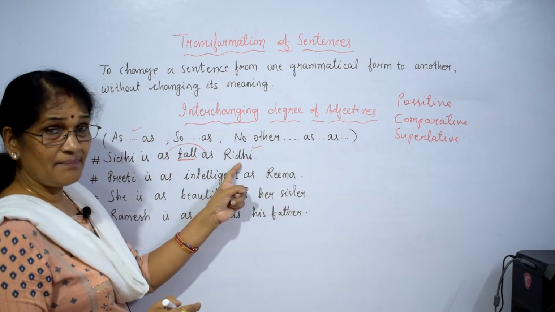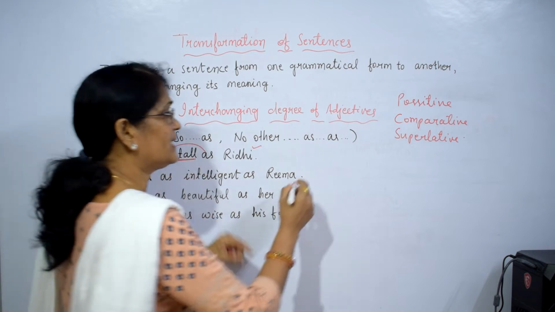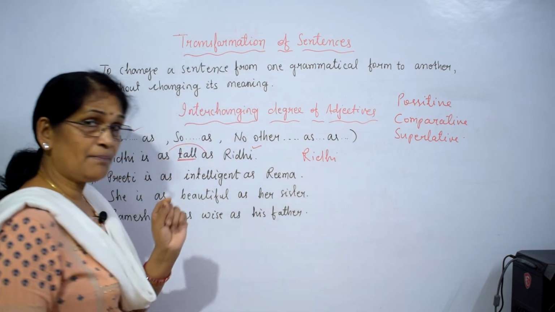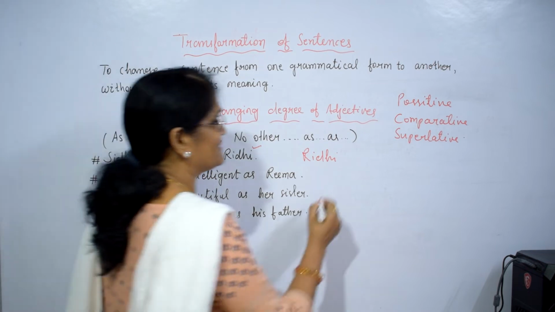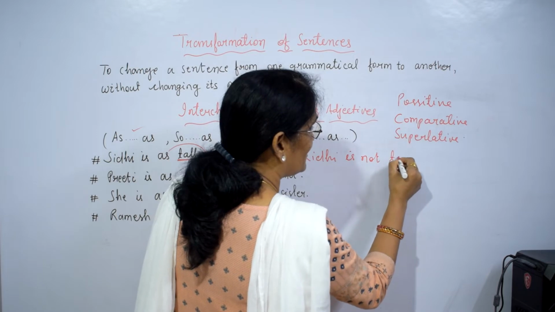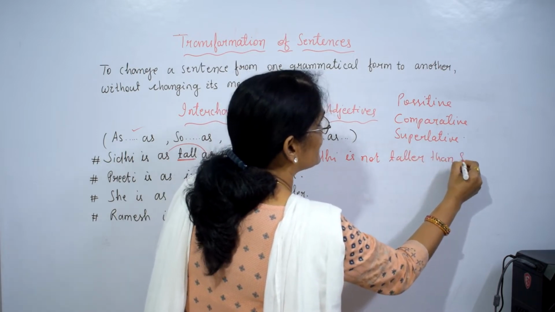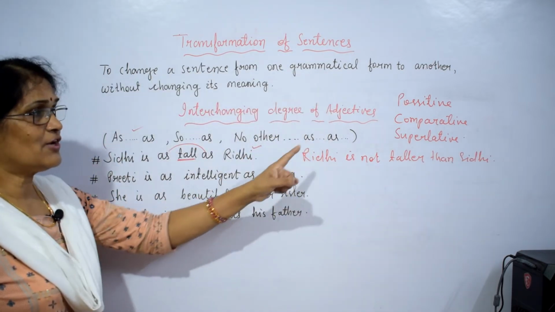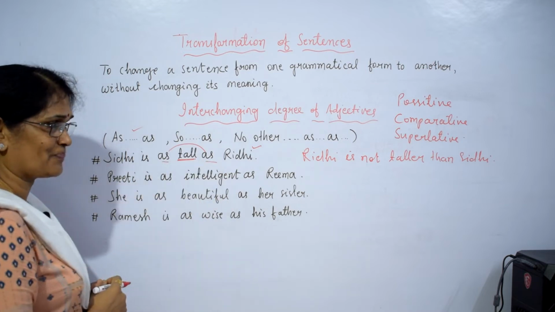The first name is Sidhi, the next name is Ridhi. So you take Ridhi, and the comparative degree: Ridhi is not taller than Sidhi.